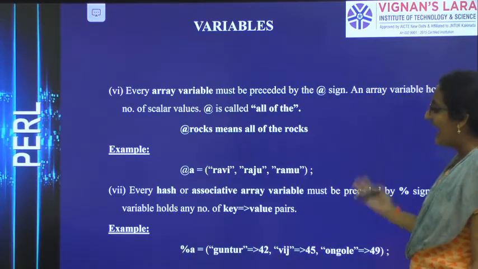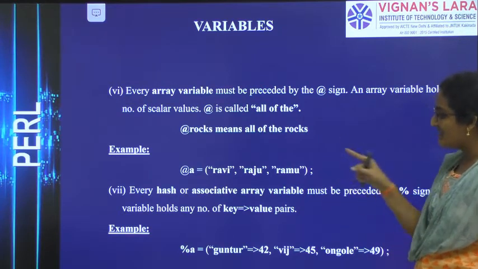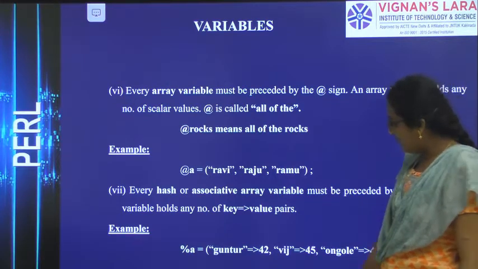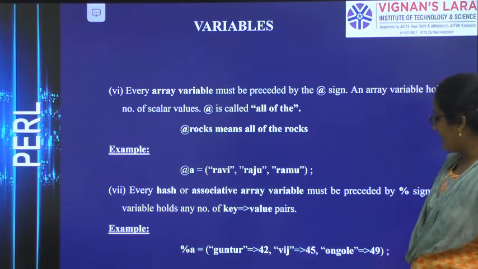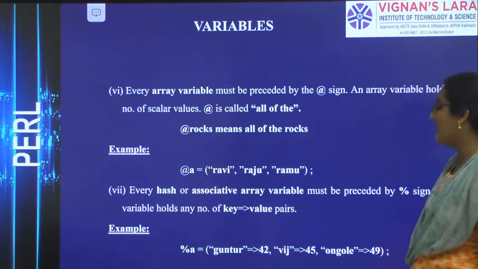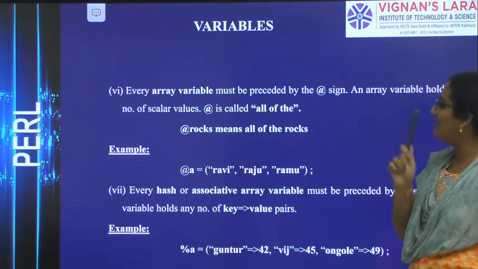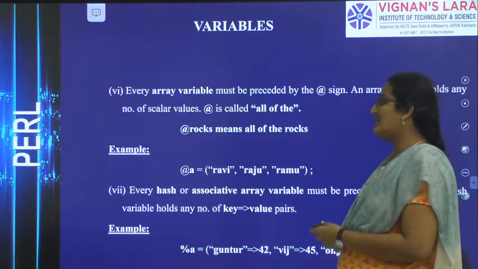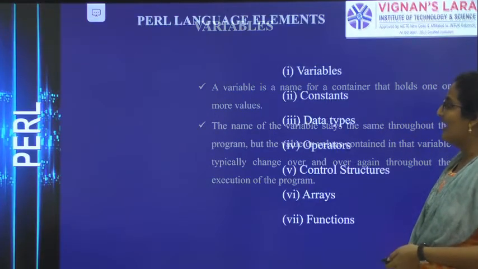And finally hash variable, denoted with the percentile symbol. It can have any number of values. Guntur with temperature 42, Vijayawada with 45, Ongole with 49: all this can be given to a single variable, and that variable is a hash variable, represented with the percentile symbol. So this is the story about variables in Perl.